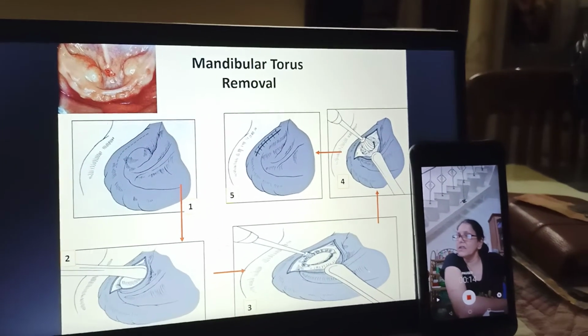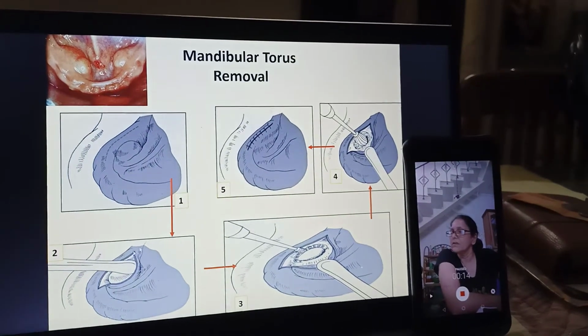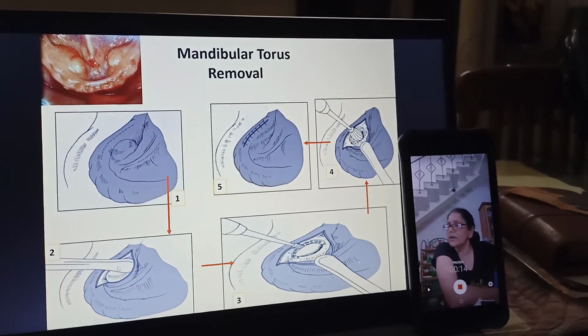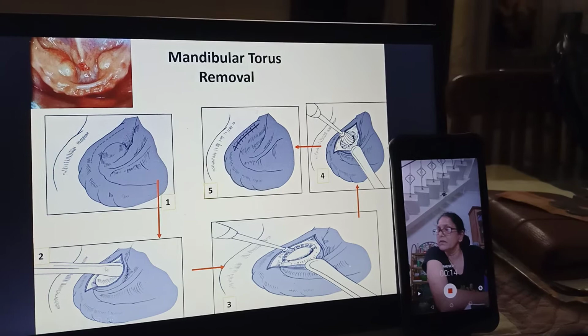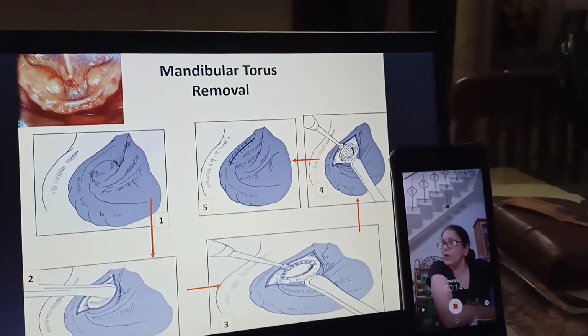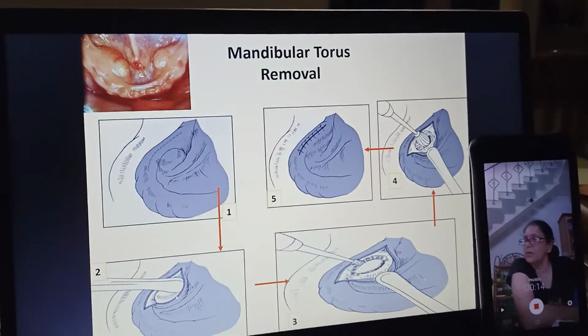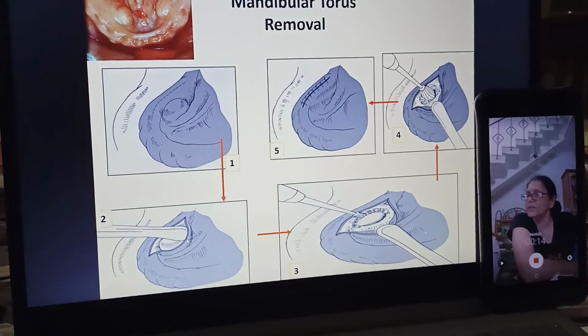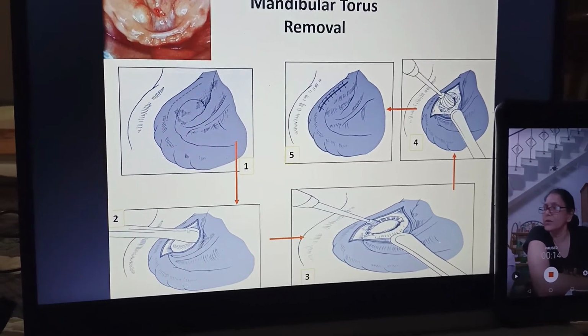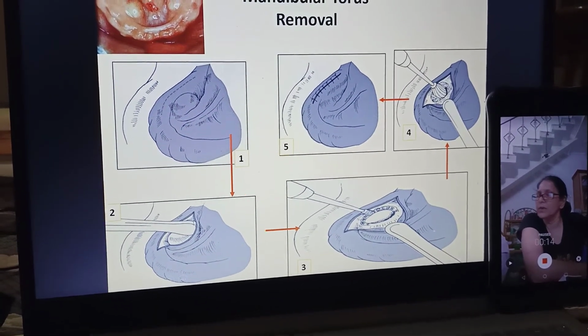So the first is a crestal incision and only the lingual mucoperiosteal flap reflection to show the tori, the mandibular tori.